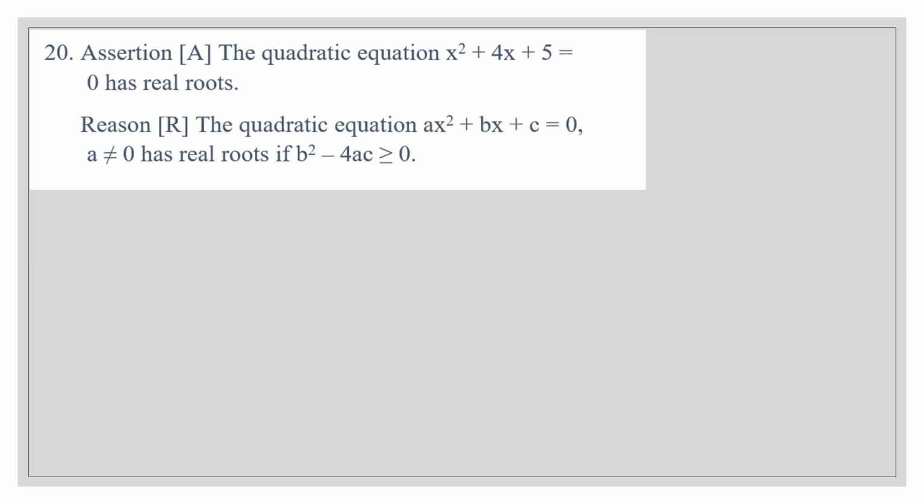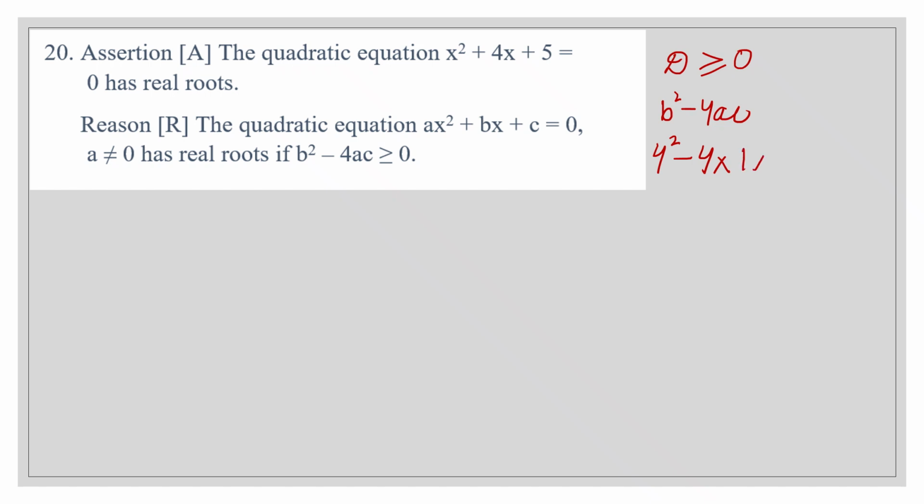The quadratic equation x square plus 4x plus 5 is equal to 0 has real roots. How we find real roots? When D is greater than or equal to 0. So let's find b square minus 4ac greater than equal to 0. B square is 4 square minus 4 into a.